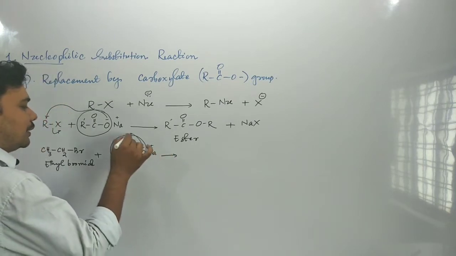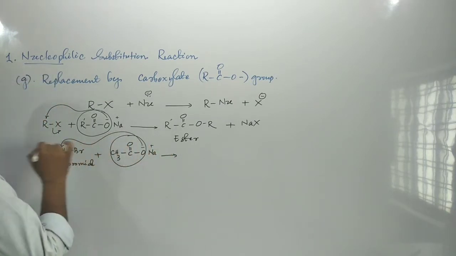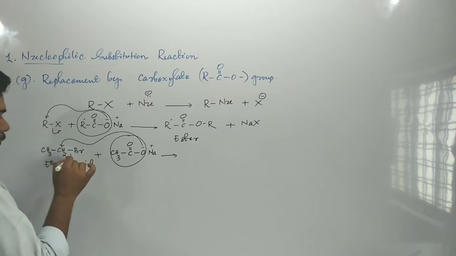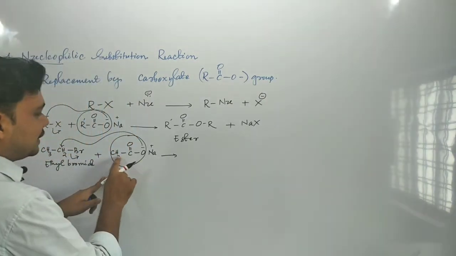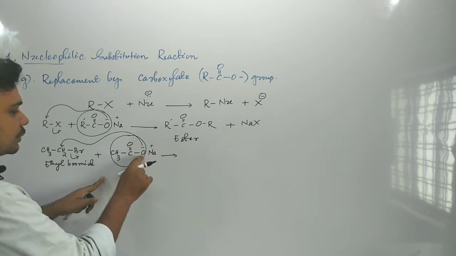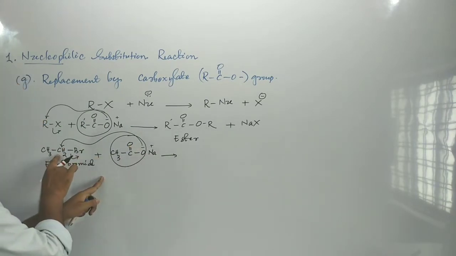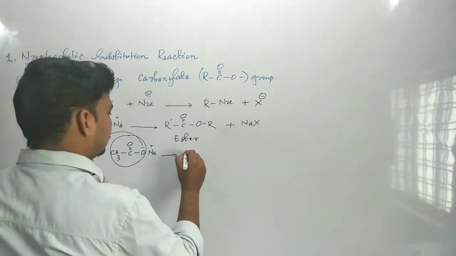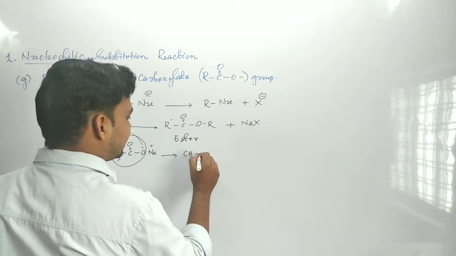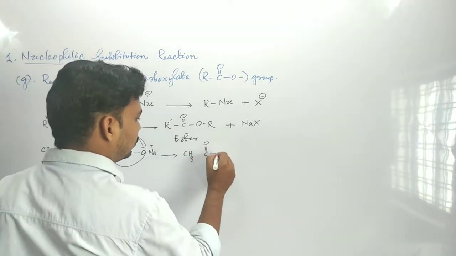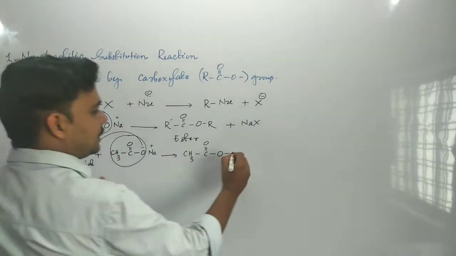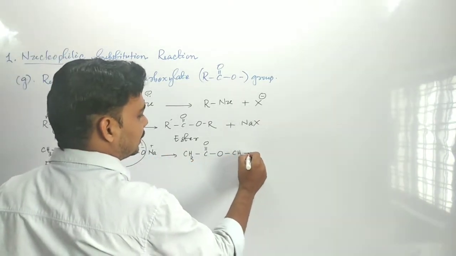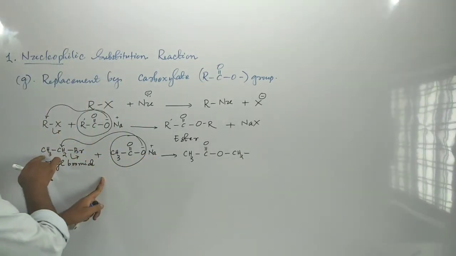This nucleophile will attack the carbon containing the bromide. Bromide ion will leave. As a result, we will get CH3 C double bond O O. This oxygen is now attached to the carbon of ethyl. So our product would be CH3 C double bond O O, and this oxygen is now with CH2, and that CH2 is again attached to a CH3 group.